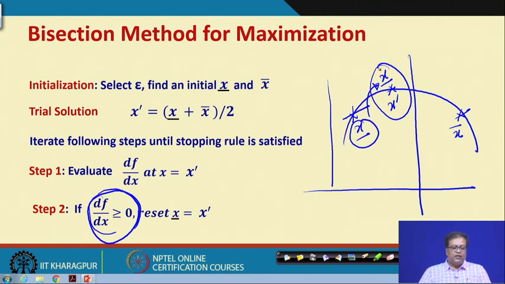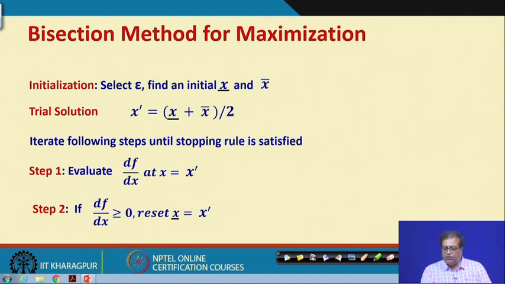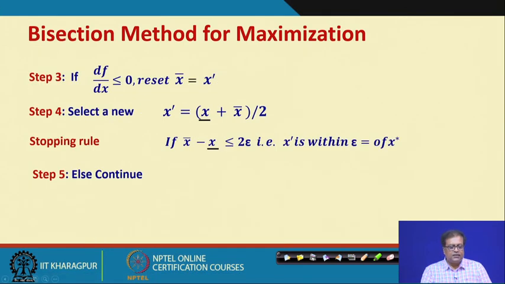So, if df dx is greater than or equal to 0, reset x underline with x dash, which is the trial solution, the average solution. Basically this is how we proceed, and similarly we do the same thing in the next case. If the slope is on the other side, then take x bar equal to x dash.